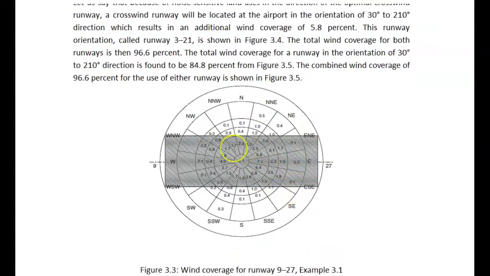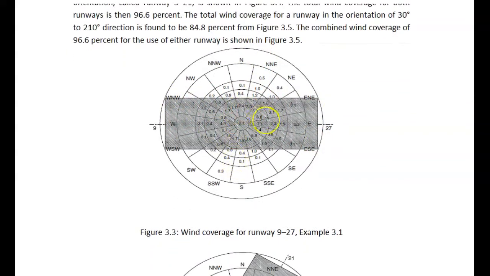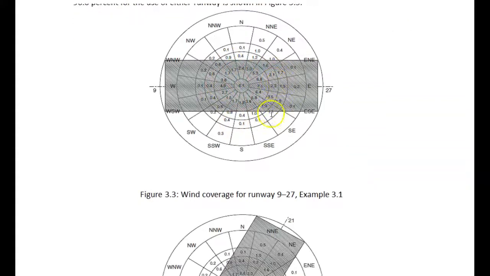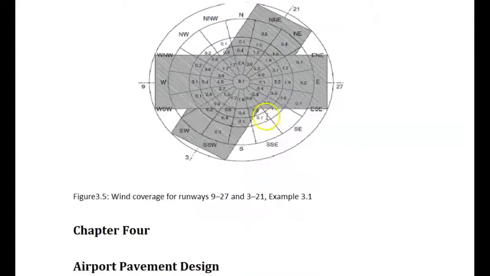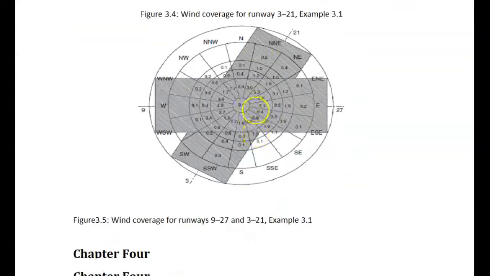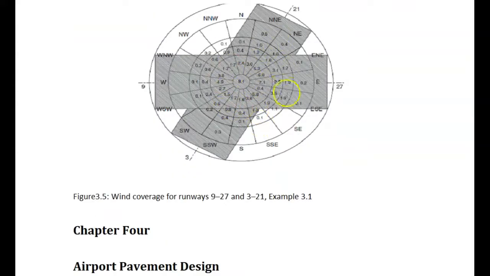So if we cannot obtain that from one single runway, then we need to provide a second runway such that the combined total of wind blowing on those two runways exceeds 95% of the year. That second runway is known as the crosswind runway. This is the first runway we provided, 9 to 27, which is not enough, by checking the values that are here, the magnitude of the wind blowing throughout the year.